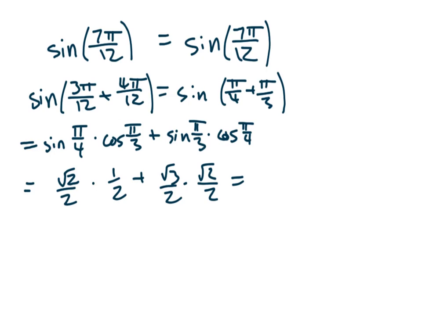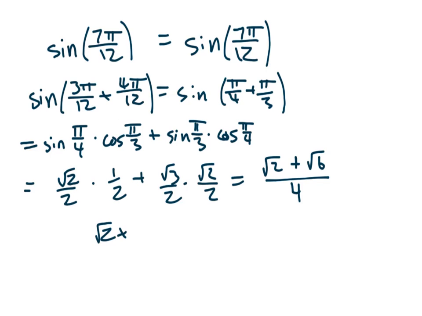And when I simplify, remember that the product of radicals, root 3 times root 2, is equal to the radical of the product, radical 3 times 2, radical 6. And of course, don't forget to multiply the denominators as well as the numerators. 2 times 2 is 4. They ended up having a common denominator, so we got this. This is what happened when we used the sum and difference angle identities. We got radical 2 plus radical 6 over 4.